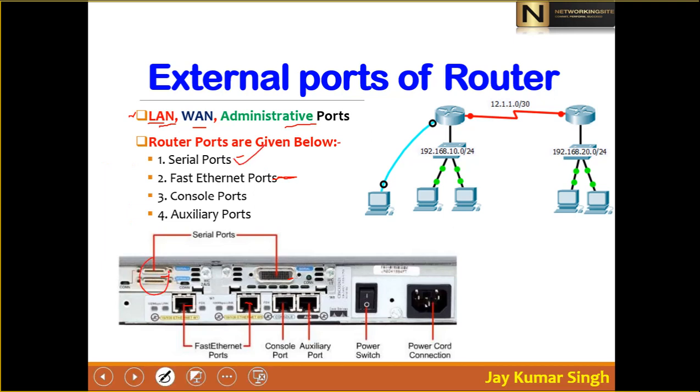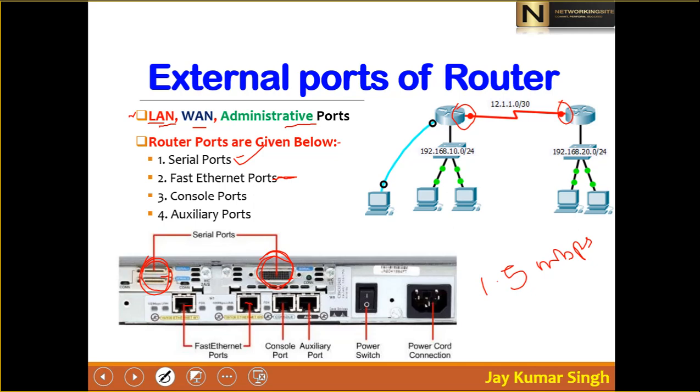These are the serial ports you can see here. Now we'll see the use of these serial ports. Serial ports are used for connecting router to router, only router to router. And serial ports can only support a speed of 1.5 mbps. That's it, not more than that.